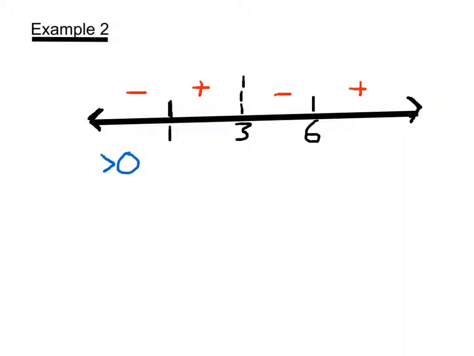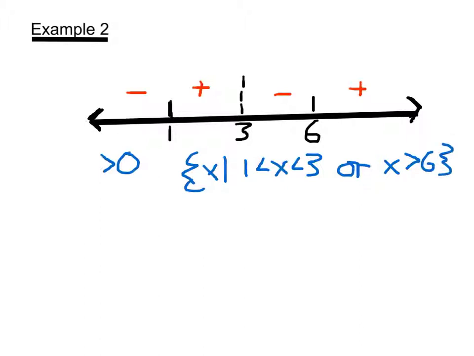And we see that the first interval is between 1 and 3. So I can write all real numbers x such that 1 is less than x is less than 3. Or I can say all real numbers x such that x is greater than 6.